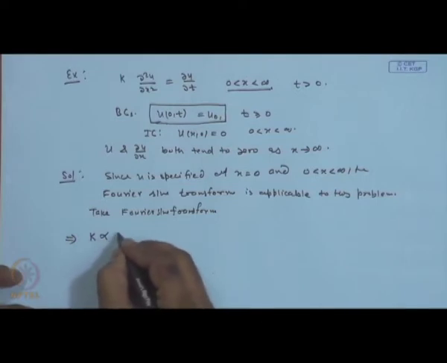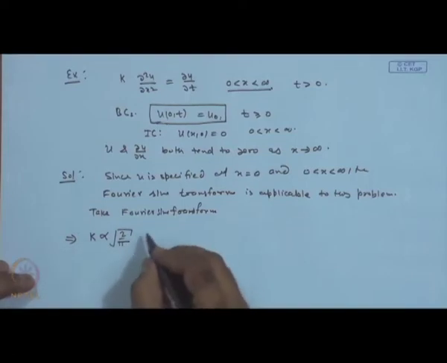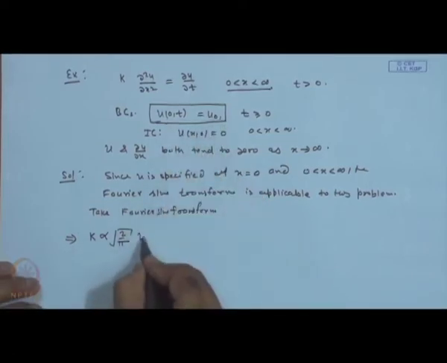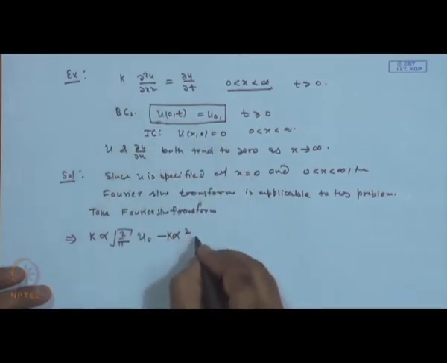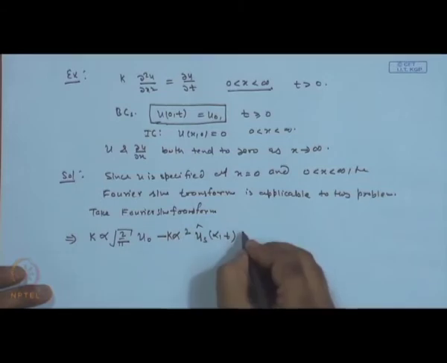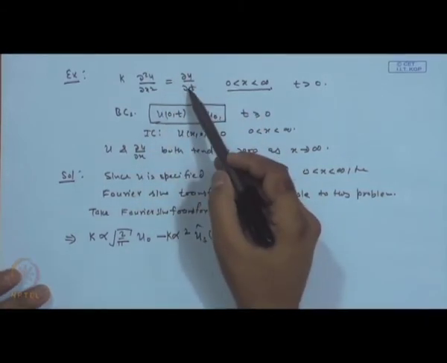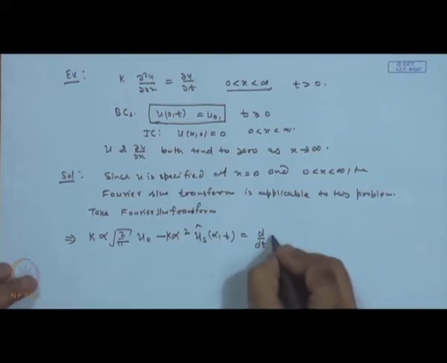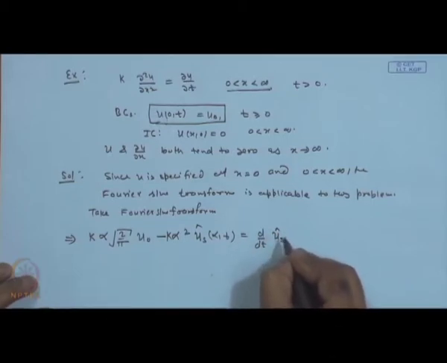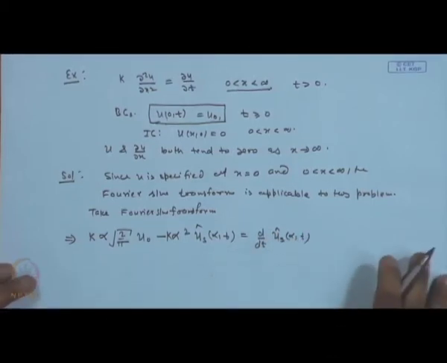So, we have alpha and square root 2 over pi, the function value at 0, that is u0, it is given, minus we have alpha square and k is there already. So, k alpha square and the Fourier sine transform of u. And the right hand side we have with respect to t. So, this will remain as it is, this differentiation, and we have the sine transform of u.